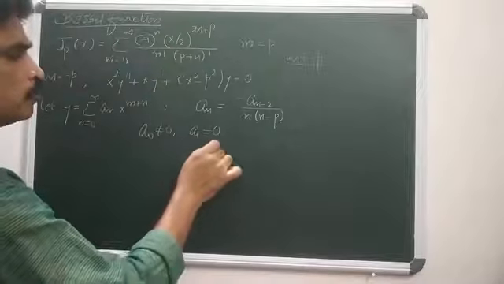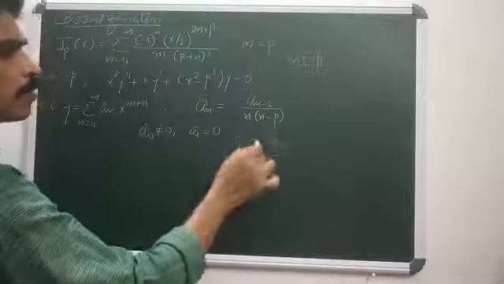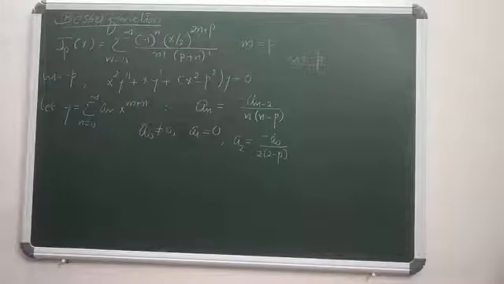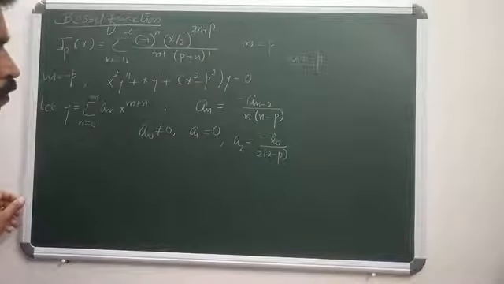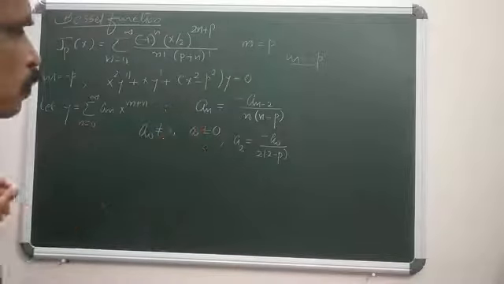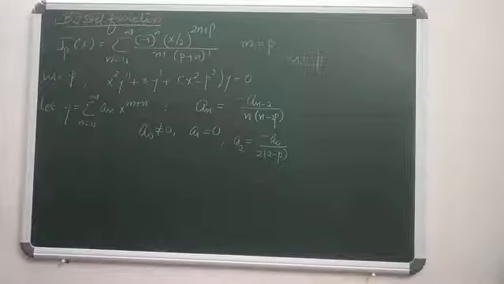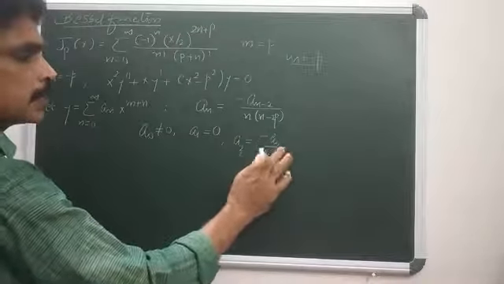And when n equals 2, what is a_2? a_2 equals minus a_0 by, when n equals 2, it is 2 into (2 minus 2p), not n minus p. The recurrence relation is in this way, a_n equals minus a_(n-2) by n into (n minus 2p), not n minus p. So it is minus a_0 by 2 into (2 minus 2p).